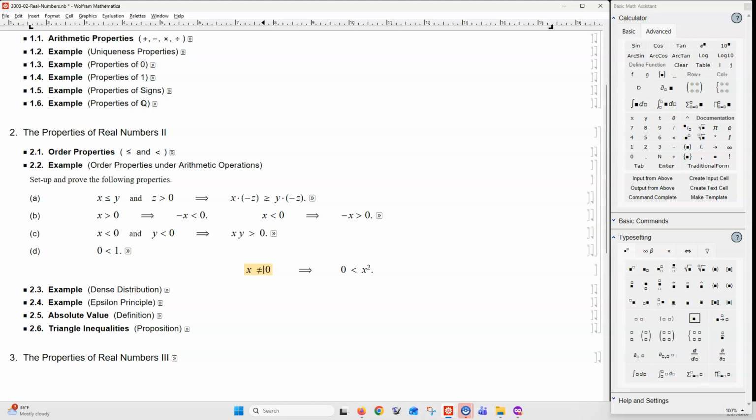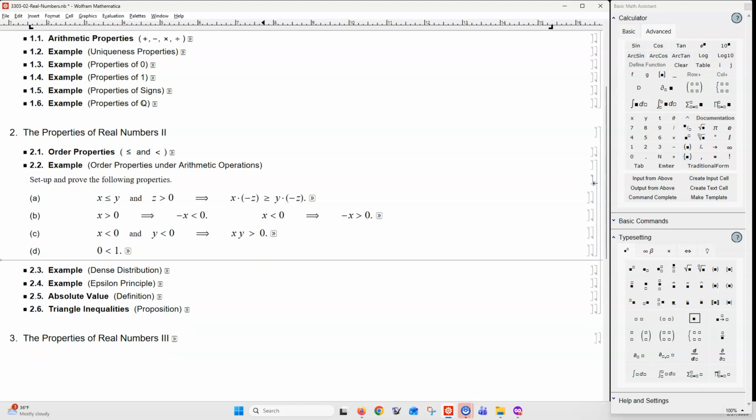When x is greater than 0, x times x is greater than 0, because positive times positive. Now when x is less than 0, x squared is still greater than 0, because this is negative times negative. And then as a special case, you can prove 1 is greater than 0. 1 is 1 squared. Well, details are left to the students.